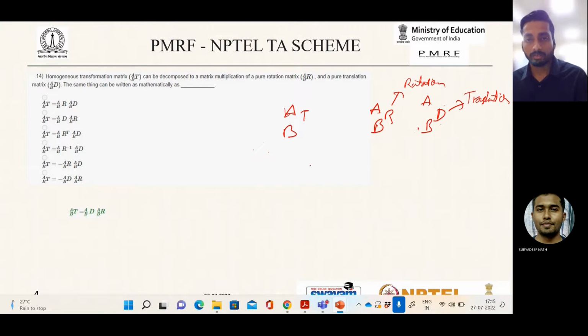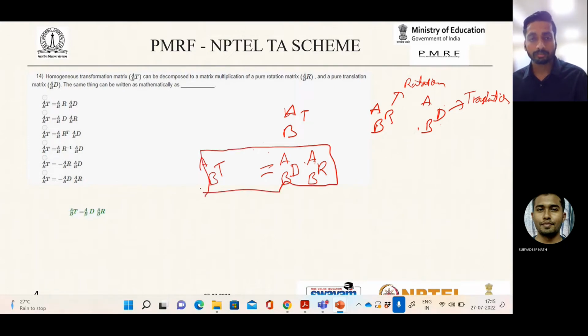If you do rotation first, it will be R A B, followed by translation, which will be written as D A B. This will be the transformation matrix. So the correct answer for this question is the second one.